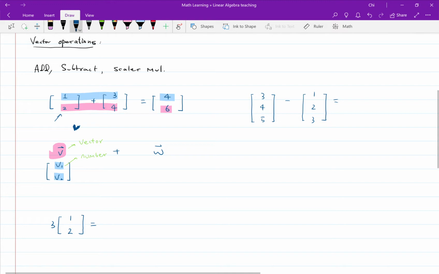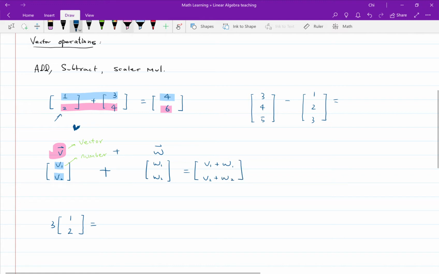Say W has two components, W1 and W2. If you add them, the rule is you simply add each component together. Here it will be V1 plus W1, and the second component would be V2 plus W2.